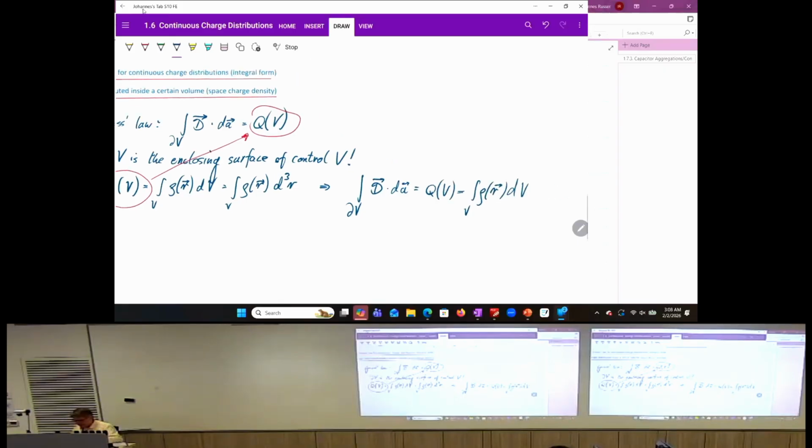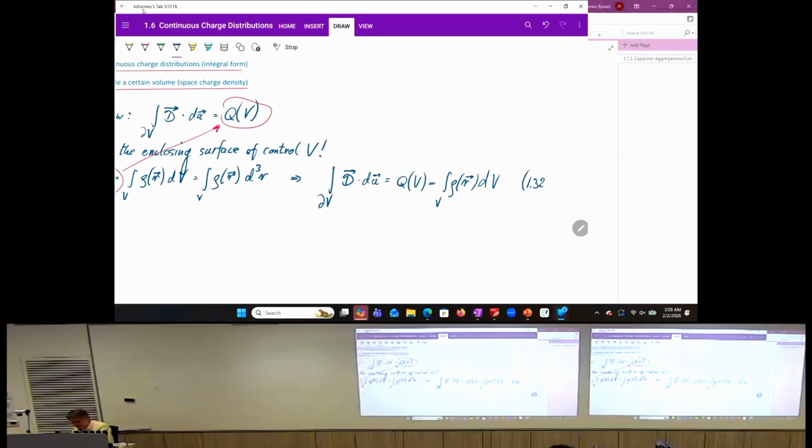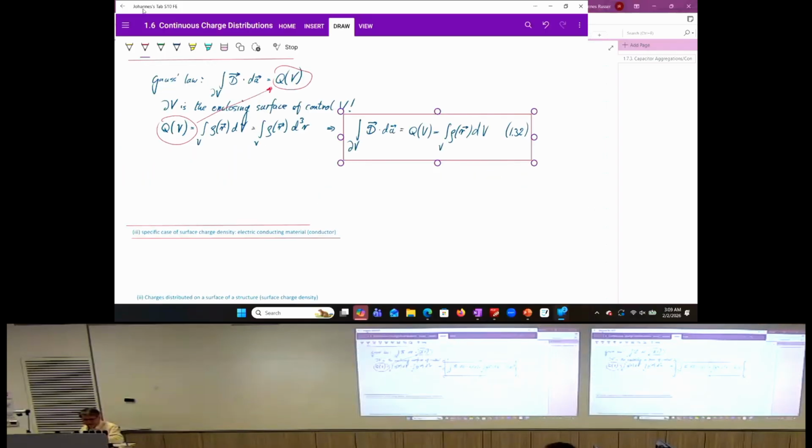So now you have Gauss's law rewritten for the scenario where you have a continuous charge distribution given by a space charge density.